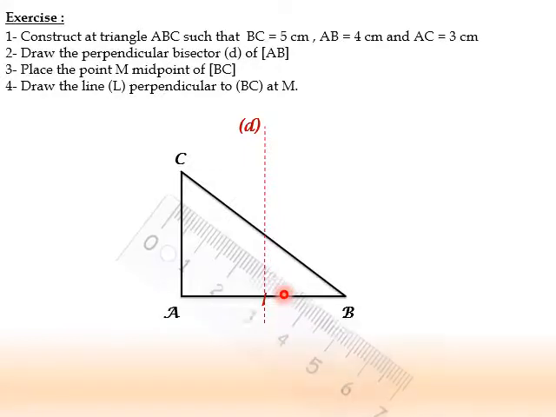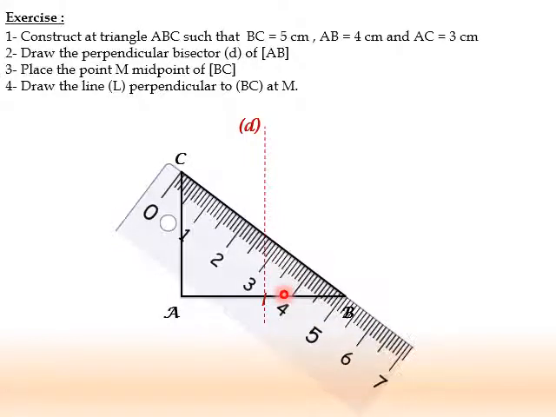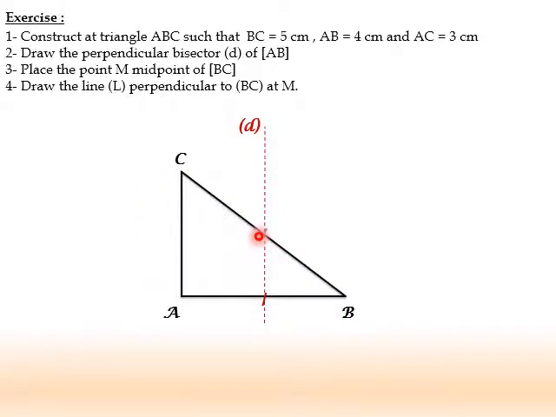Okay? Now place point M, the midpoint of BC. BC is 5 centimeters. What's the half of 5? It's 2.5. So at 2.5 here, I have to plot the point M. Now draw the line L perpendicular to BC at M. This is the line.